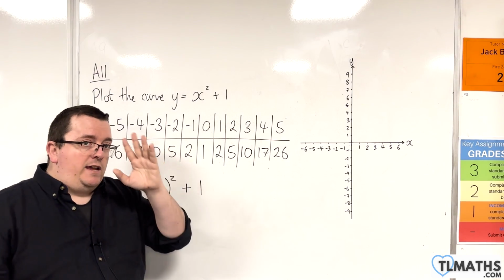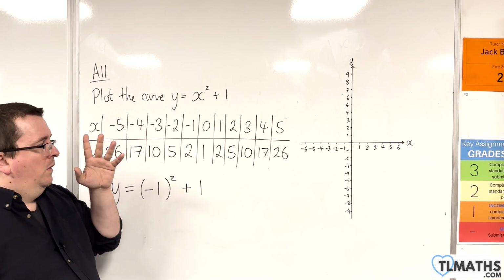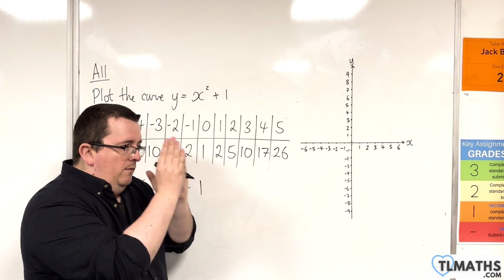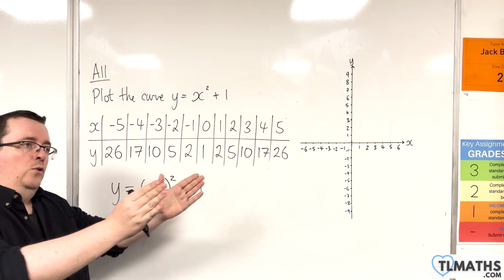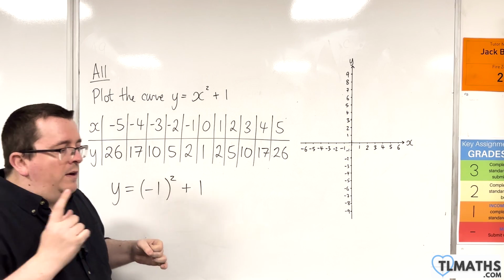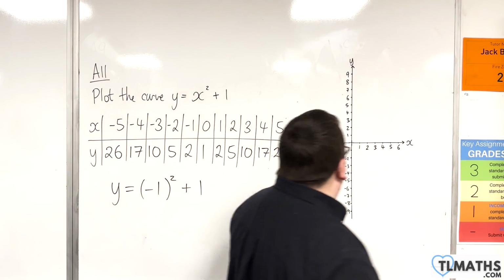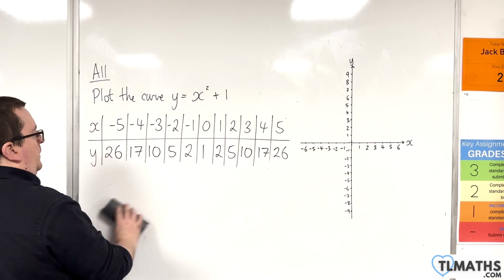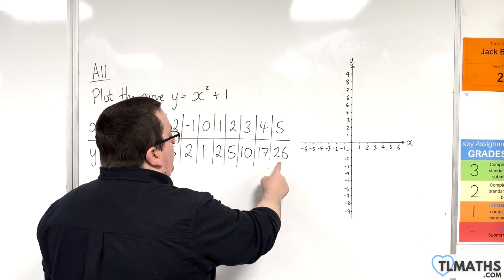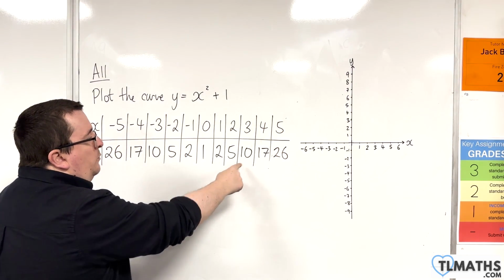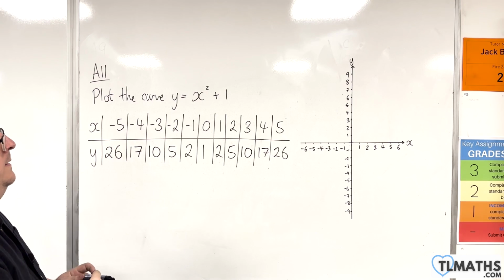So keep an eye on quick ways of going, right, here are my points, that's where the symmetry line is, and so I can then fill in the rest of my table. It's a really useful technique if you can spot it. But of course you can check all those as well, 5 squared plus 1, 4 squared plus 1, 3 squared plus 1, etc. So now let's plot the points.